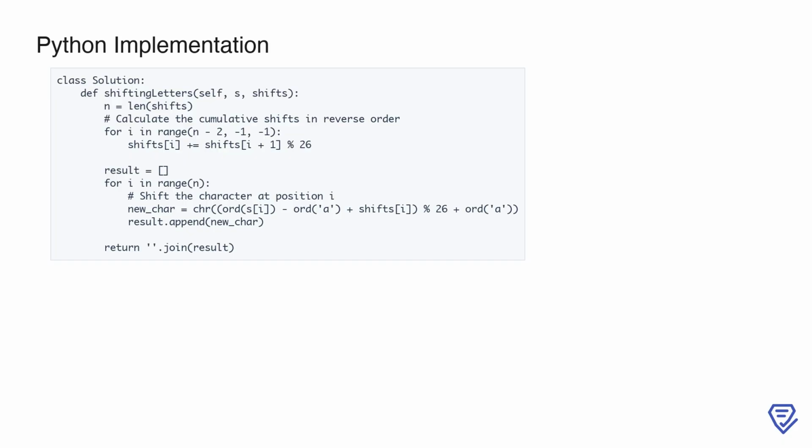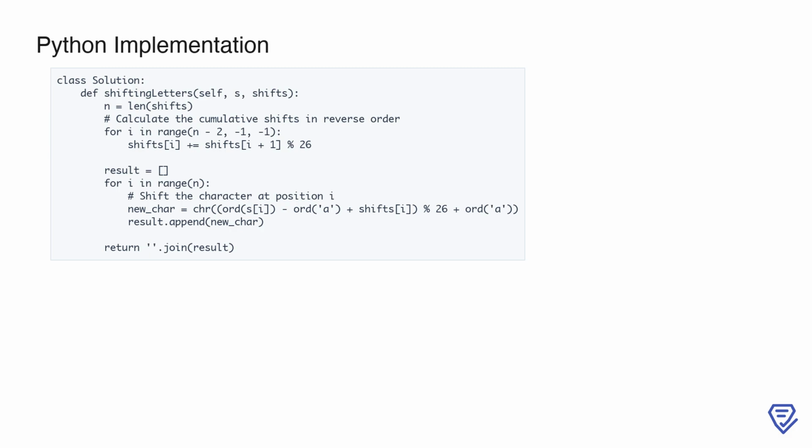This ensures wraparound behavior when shifts exceed 26. For result construction, the resulting characters are appended to the result list, which is joined into a string at the end and returned. This solution efficiently handles large inputs because the cumulative sum calculation and character shifting both run in O(n) time. Edge cases, such as small strings or large shift values, are naturally handled by the modular arithmetic and cumulative sum logic.